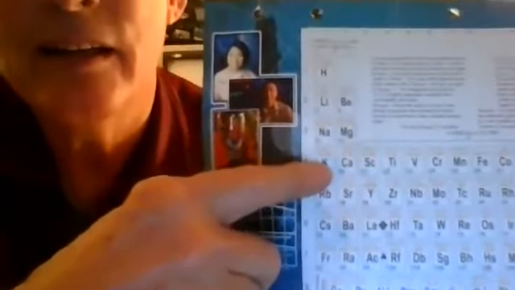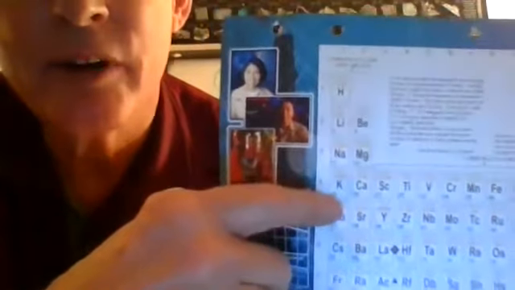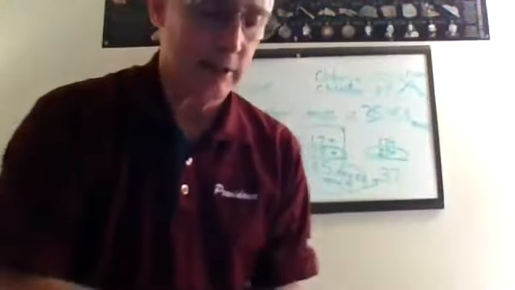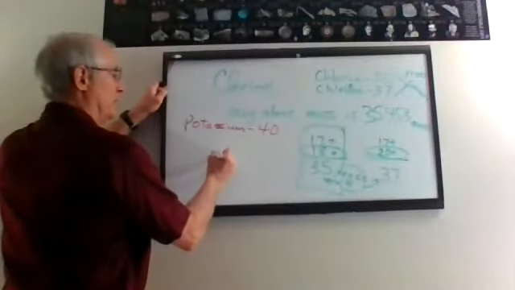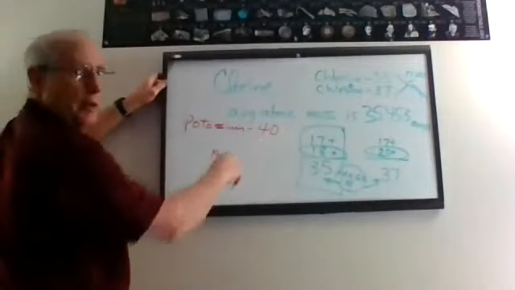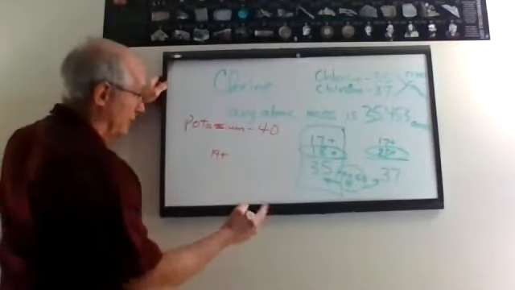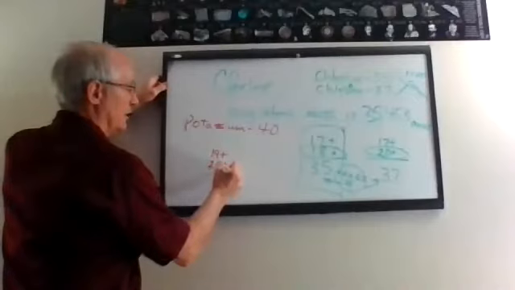Finding it is the hardest part because potassium has a K. Its symbol is K for potassium, and it's right there. Its atomic number is 19. So it has 19 protons. If it weighs 40, what is 40 minus 19? It's 21. So it has 21 neutrons.